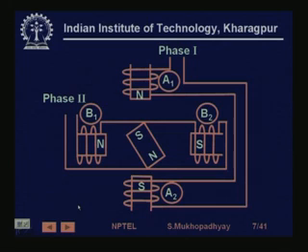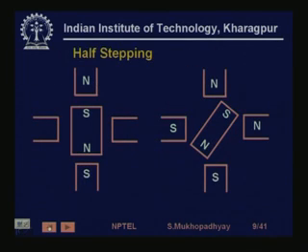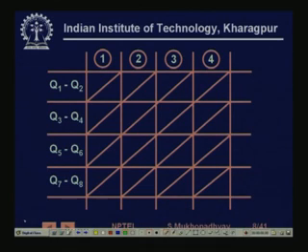So, imagine that you have these phases A1 A2 and these phases B1 B2, right, and just for simplicity we are assuming that we have only one pair of rotor poles, right. So, what happens is, for the switching sequence, first you will switch Q1 Q2.